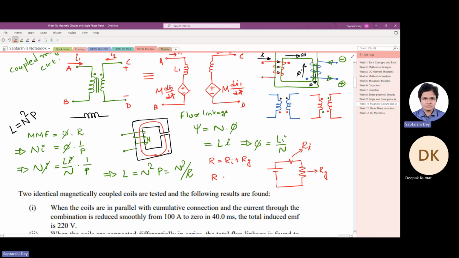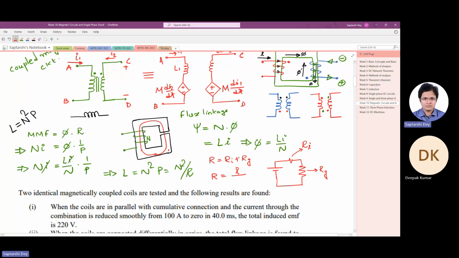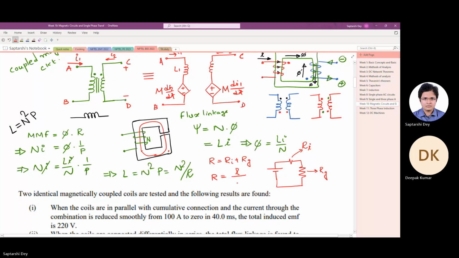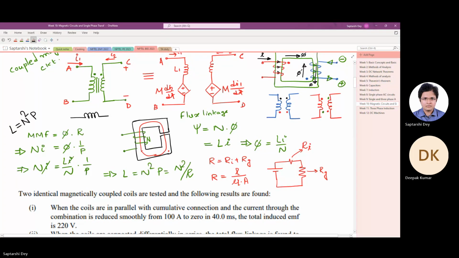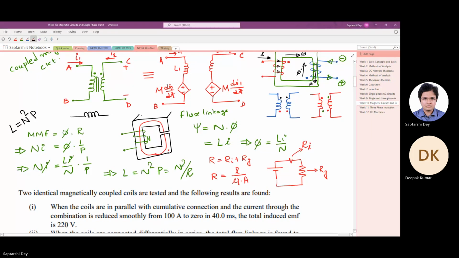Right now, this reluctance, say, or any reluctance, what does it depend on? It depends on the length of the path which the flux is traversing, divided by mu, permeability, and area of cross section. So you can understand that this is actually a 3D thing. It's actually a three-dimensional element, or what we call a core, like this.